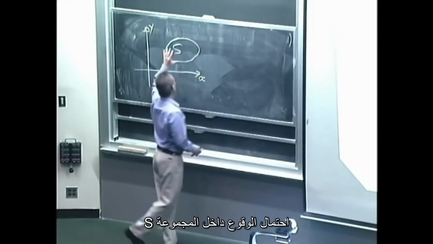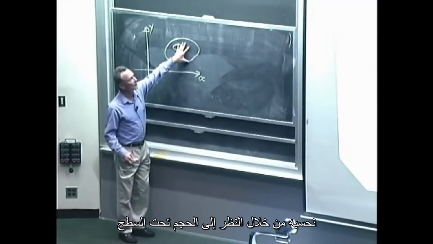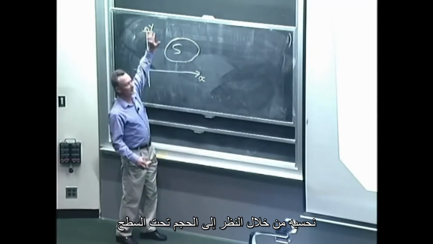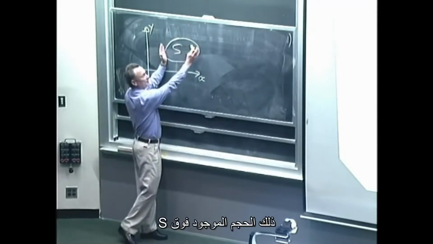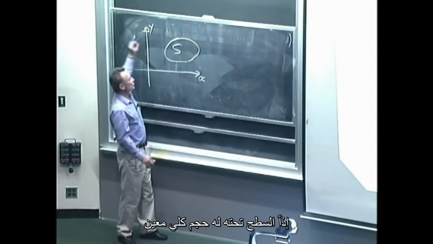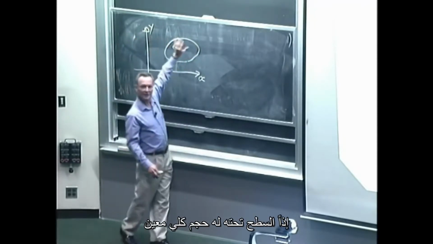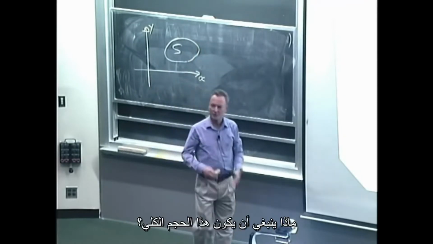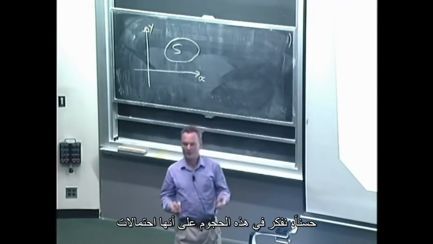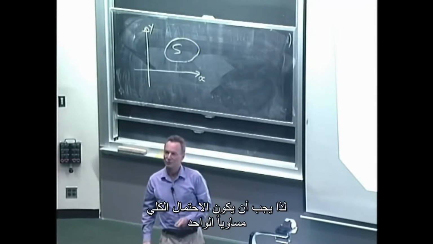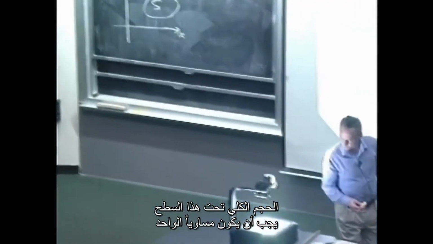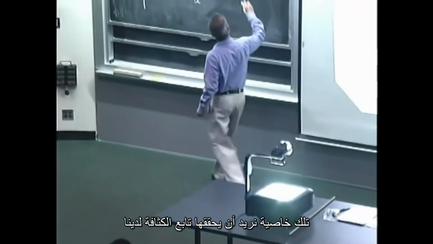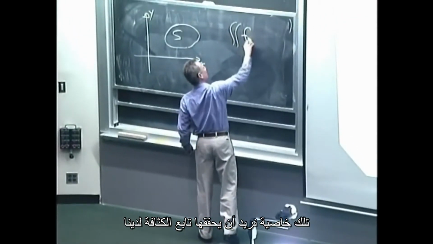The probability of falling inside the set S, we calculate it by looking at the volume under the surface, that volume that sits on top of S. So the surface underneath it has a certain total volume. What should that total volume be? Well, we think of these volumes as probabilities, so the total probability should be equal to 1. The total volume under the surface should be equal to 1, so that's one property that we want our density function to have.